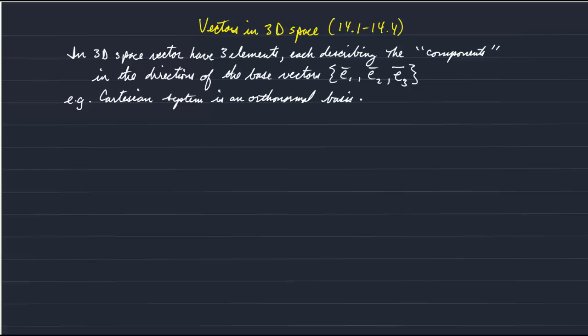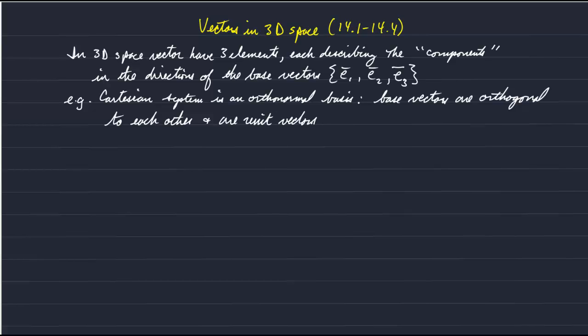And that means the base vectors are orthogonal to each other and are unit vectors. That is, they have a length of 1.